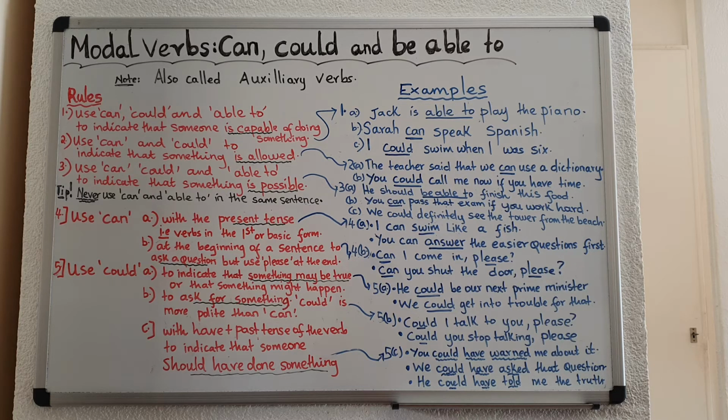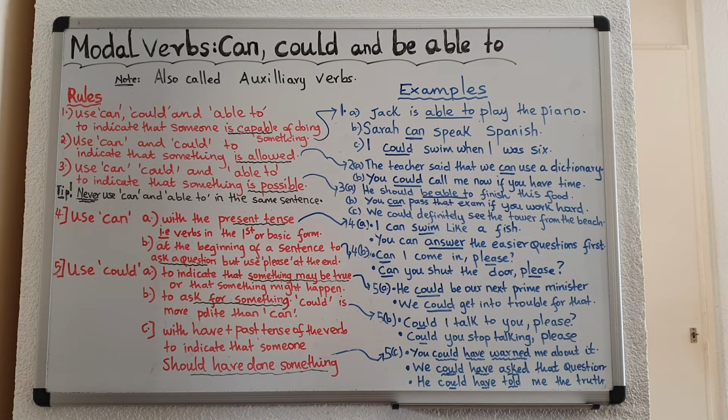let us look at rule number 2. Use can and could. Okay? Use can and could, not able to. Only can and could. Use can and could to indicate that something is allowed.